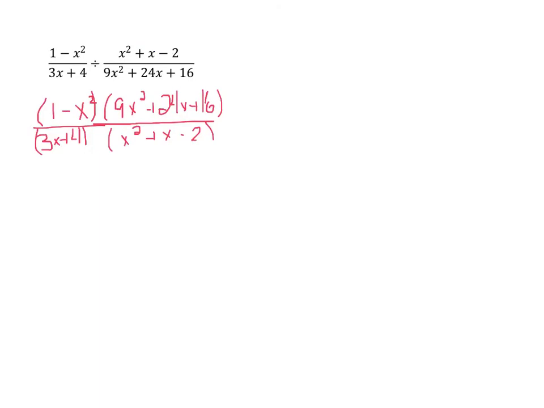Now I can factor, and I should recognize that the first here is a difference of squares. And then the next polynomial is actually a perfect square, and the reason that I know that is because I recognize that 9x squared is a perfect square, 16 is a perfect square, so that's where I'm going to start.